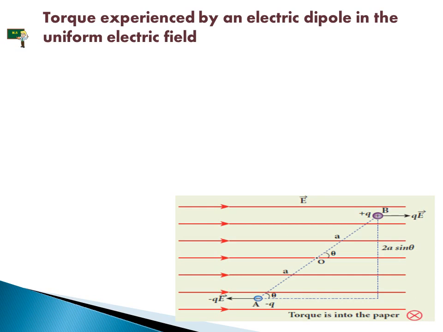Let me explain the picture first, then let's move to the subject. Here minus q and here plus q. The charge is moving from A to B, as we know in the axial line also, and in the equator line also.